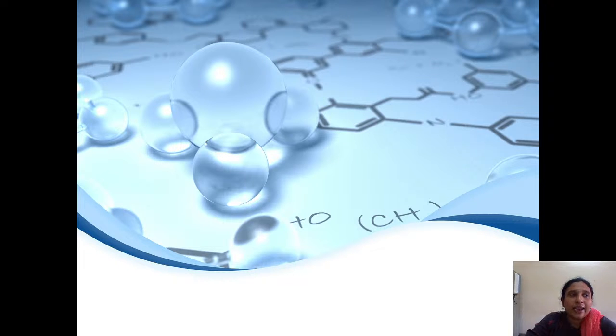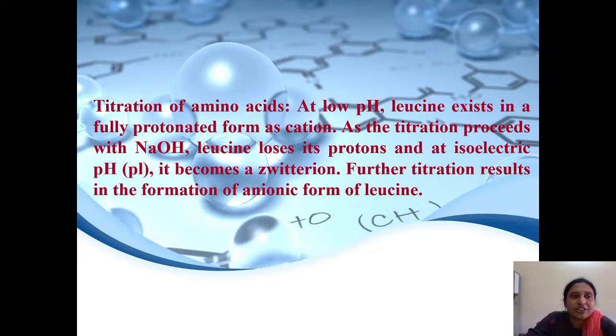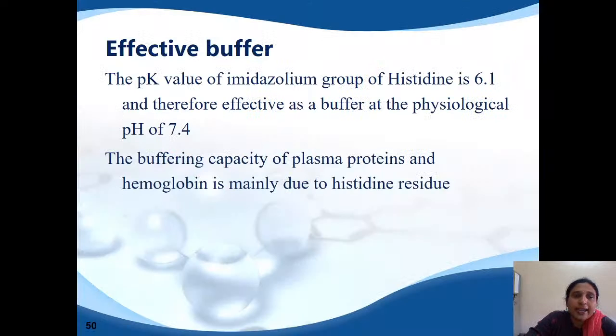Now finally, what is pKa? pKa expresses the strength of the weak acid, or it is the measure of the tendency of a group to give a proton. Again I repeat, pKa is the dissociation constant and it expresses the strength of the weak acid, or measures the tendency of a group to give a proton.